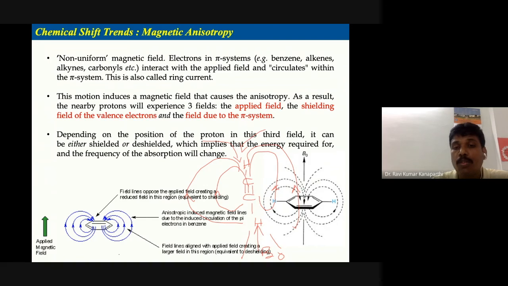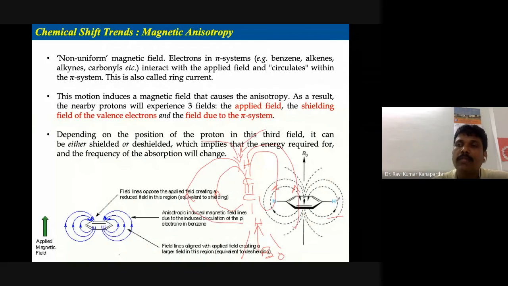Okay, in the case of acetylene the protons are located exactly in the de-shielding region, whereas in benzene the protons are present in a paramagnetic region. Paramagnetism means it is magnetism, right? Diamagnet means it is not a magnet, right?